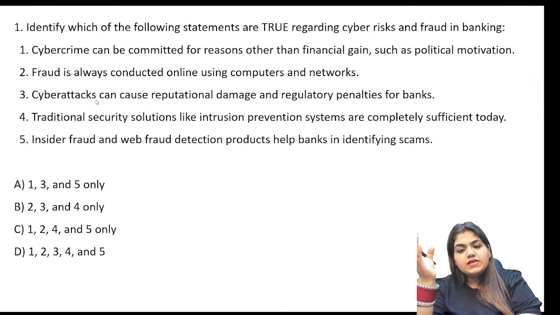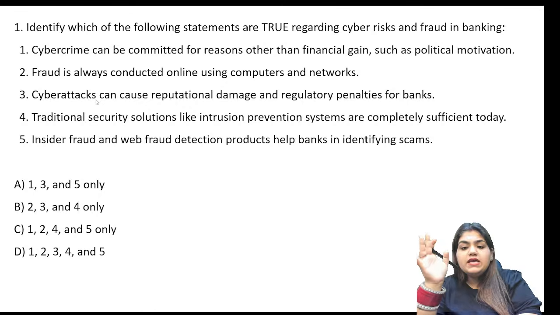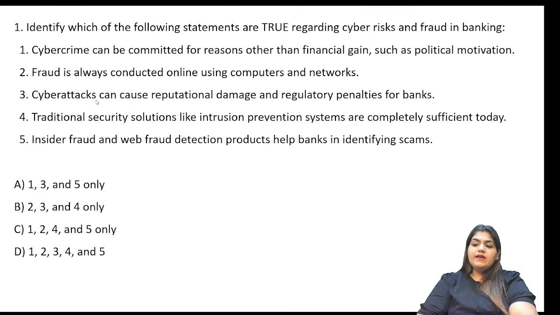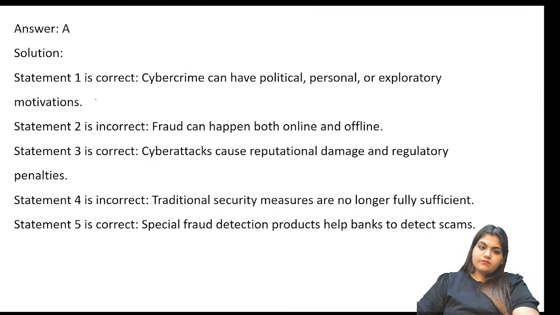Statement number 1 is correct. Statement number 2 is incorrect because frauds can happen online and offline. Statement number 3 is correct. Statement number 4 is again incorrect. Traditional security solutions like intrusion prevention system are completely sufficient. No, it is not. Statement number 5 is correct. That will give us A as the correct answer.